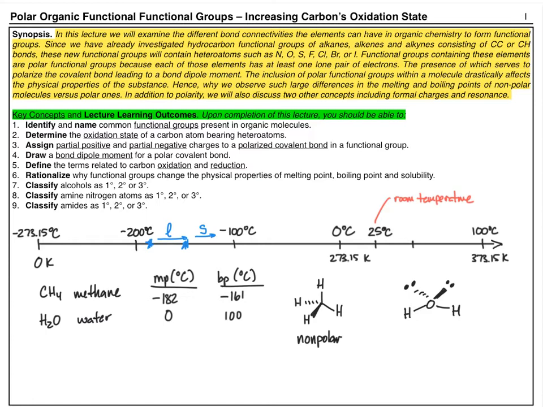So why is water so much different? If we look now at the oxygen-hydrogen bond, those bonds are polarized because the difference between oxygen and hydrogen electronegativity is great. Oxygen has lone electron pairs, so we can say oxygen's partially negative, hydrogen's partially positive. So for that bond overall, we can draw a dipole going this way.